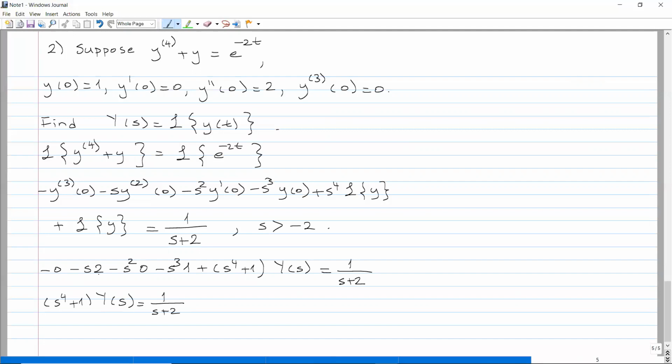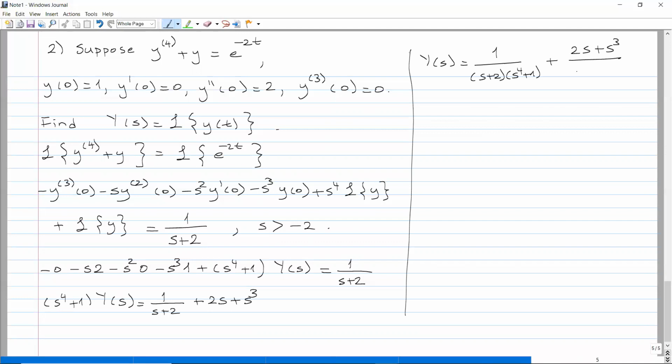I have minus 2s. If I take it to the other side, it is plus 2s. And I have minus s cubed. On the other side, it becomes plus s cubed. So finally, to find Y of s, I divide by s to the 4 plus 1. So 1 over s plus 2 times s to the 4 plus 1, plus 2s plus s cubed over s to the 4 plus 1.